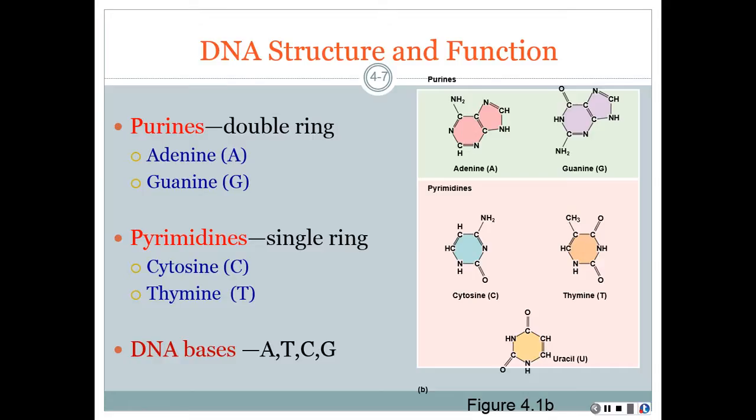When we look at the bonds between them, adenine and thymine are the only two that will pair together, and they have two hydrogen bonds. Guanine and cytosine, which will bond, have three hydrogen bonds.